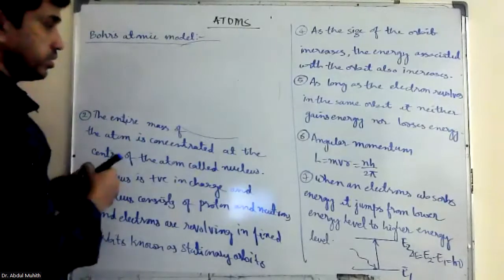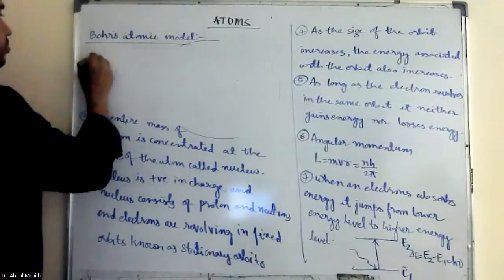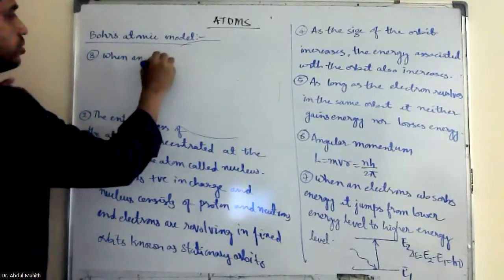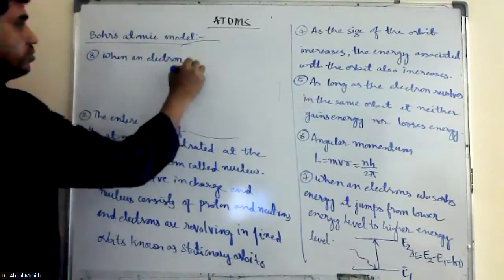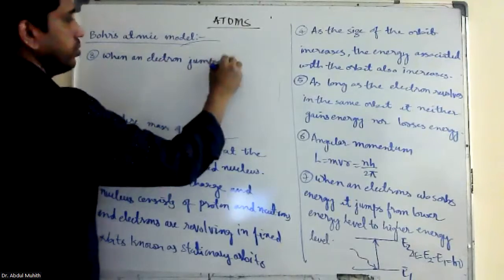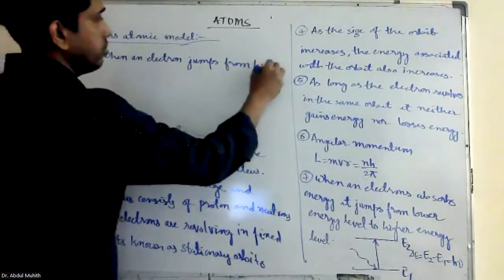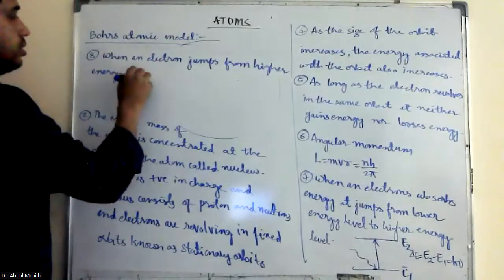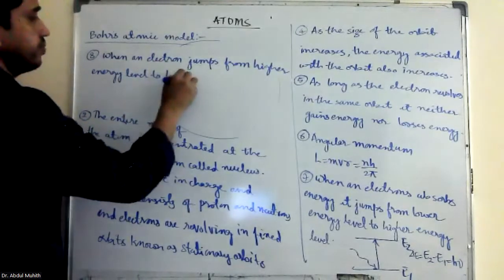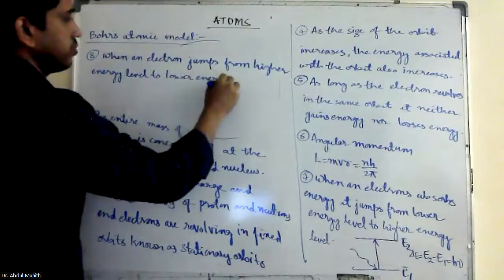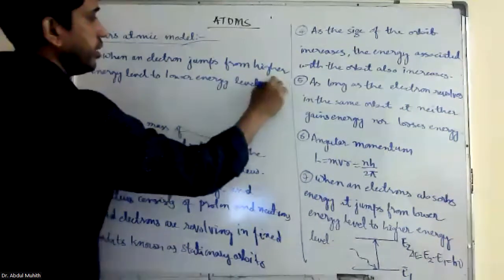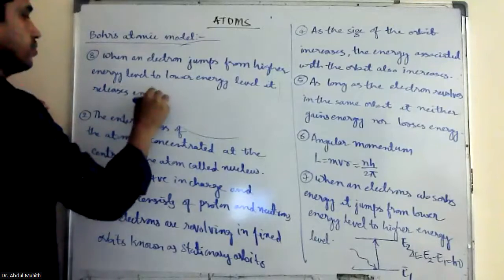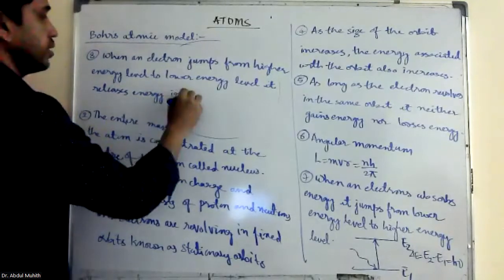So the last point: when an electron jumps from a higher energy level to a lower energy level, it releases energy in the form of light.